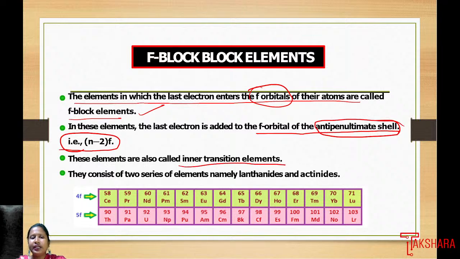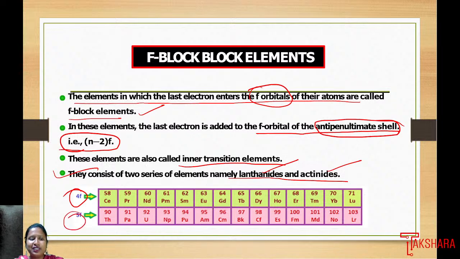They consist of two series of elements, namely lanthanides and actinides. So the first series we call lanthanides and the second series we call actinides. The lanthanides we represent as the 4f series, starting after lanthanum with atomic numbers 58 to 71.